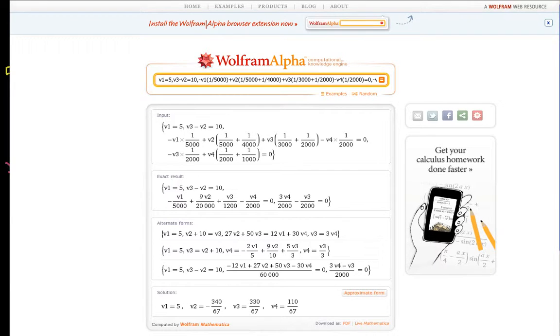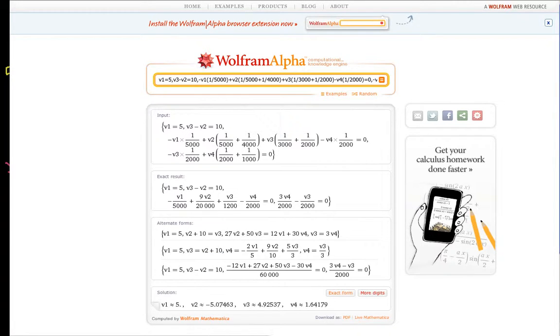So what we discover is that V1 is 5 volts, which we would have expected. V2 is minus 5.07. V3 is 4.93, and V4 is 1.64.